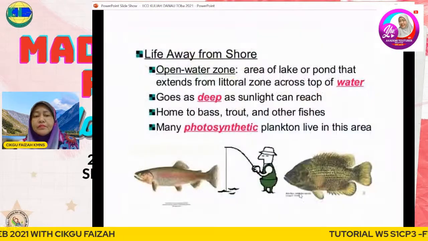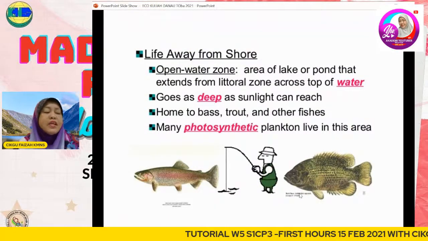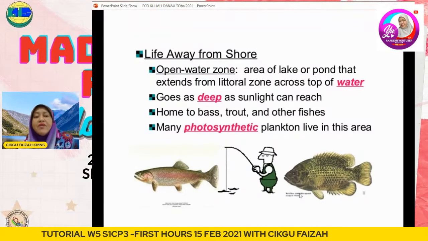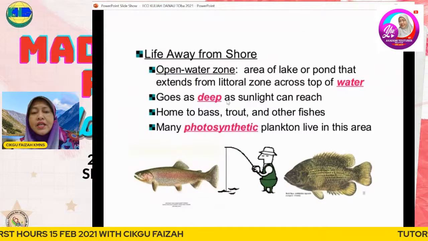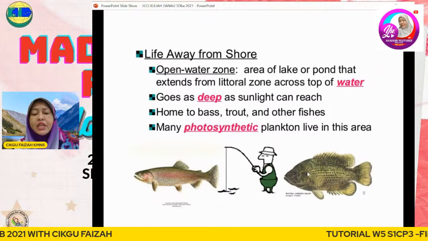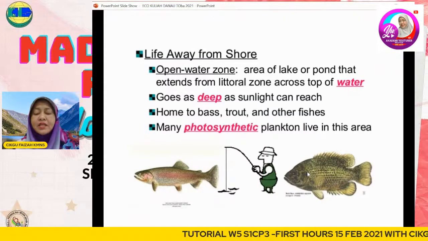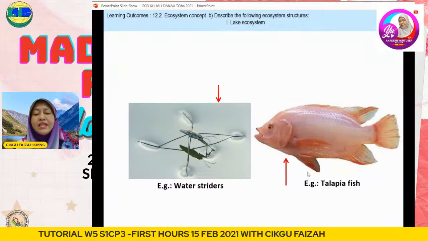For open water zone tadi apa kelas? Is the limnetic zone. Life away from shore. So this is deep. Kalau kamu tengok sini, orang memancing, sinilah antara tempat menariknya. So this is all the organisms yang kamu akan jumpa.